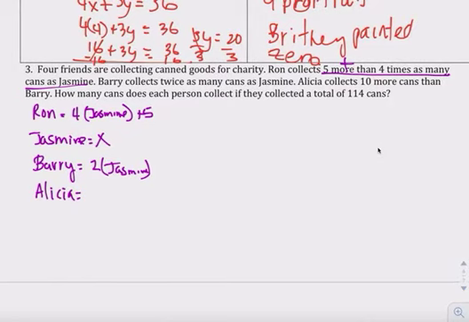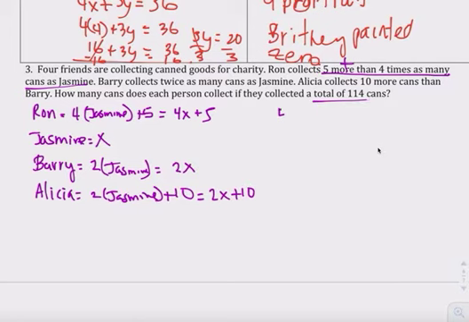Alyssa collected 10 more cans than Barry. So Barry is 2 times Jasmine plus 10. Okay. Oh, this is easy then. This is 4x plus 5. That's x still. That's 2x. So this is 2x plus 10. So together, they total this many cans.